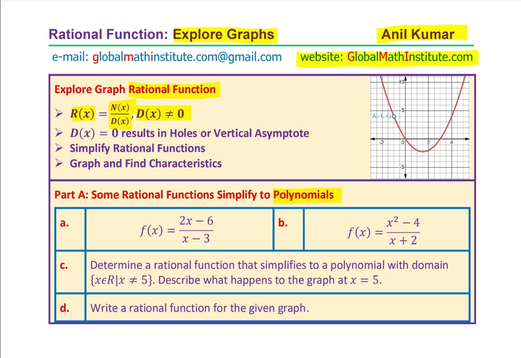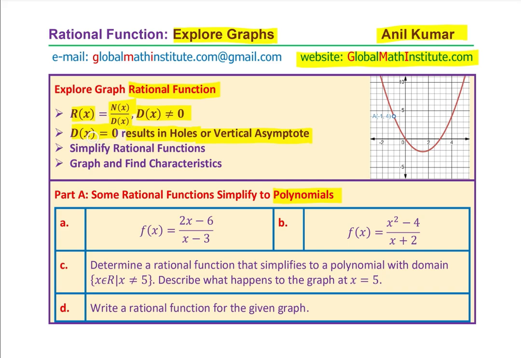So the denominator equal to 0 results in one of two things: either a hole or a vertical asymptote. Moving forward, we will understand when we get holes and when we get vertical asymptotes. This is one of our major activities in this video.